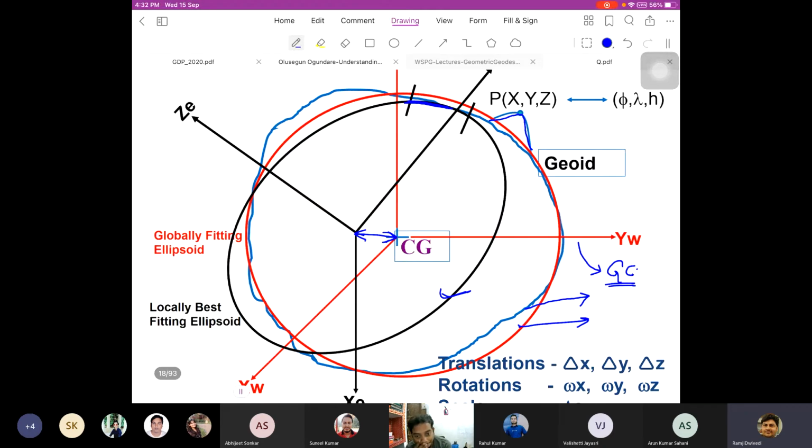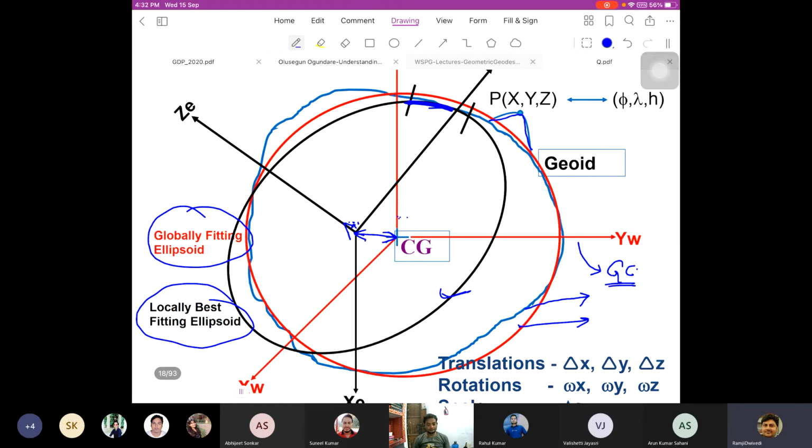So there are two coordinate systems here corresponding to the two ellipsoids, one globally best fitting and the other locally best fitting. Let's say this is your country India, and it is best fitting here only. That means it is serving the purpose at the local level. It doesn't fit for global purpose.